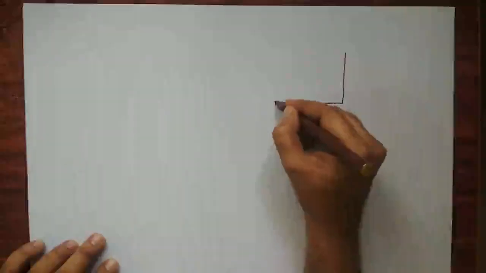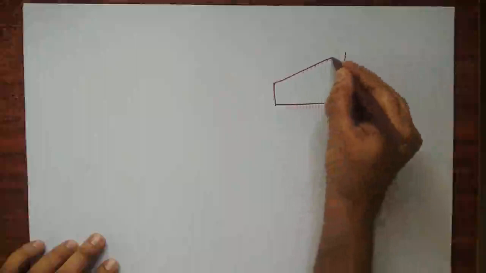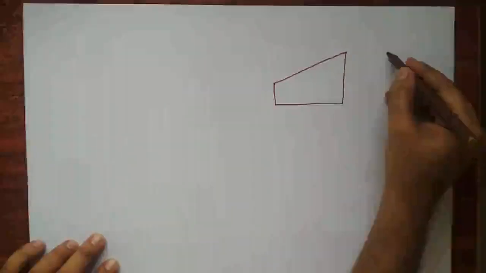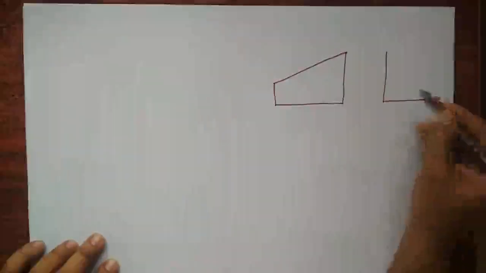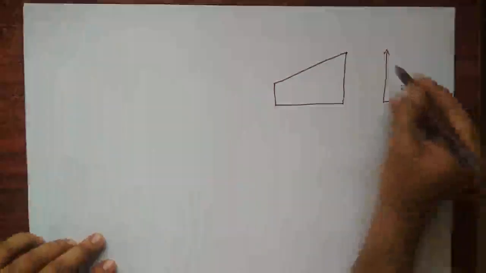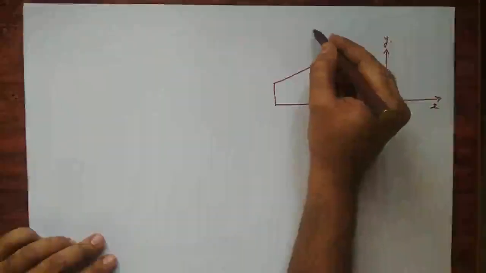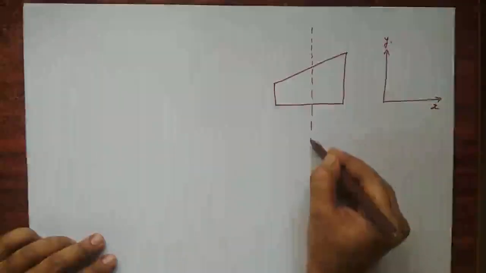So here this is the wedge piece. This is my reference axis X, Y. So this is my vertical axis.